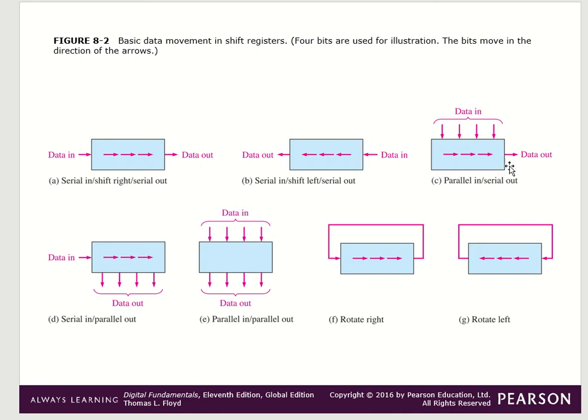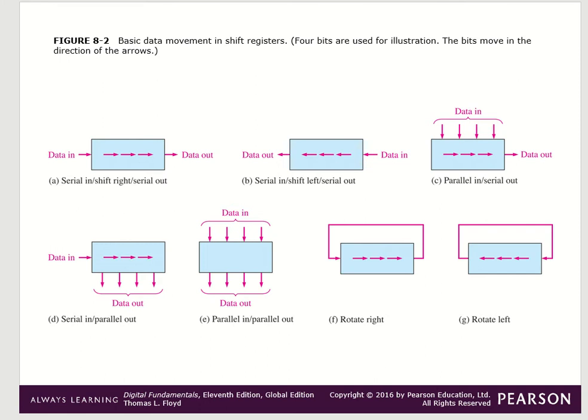Okay, so for example, if the bits are 1010, any 4 bits, so this is a 4-bit shift register. It is entering parallelly, at the same time, but leaving serially, one by one.